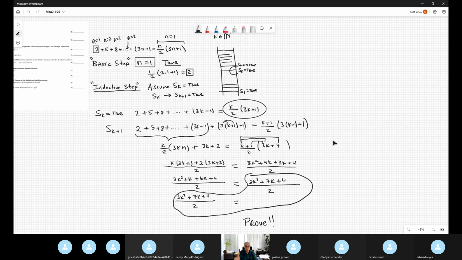Now you assume one intermediate value that I want to call k. And you suppose that the statement S sub k is true. It's an assumption. Now I investigate what's going on for S sub k plus 1. See, I prove that it's true. This process continues forever, exactly the same as when the pieces of domino fall down. Bam, bam, bam, bam, for any natural number.